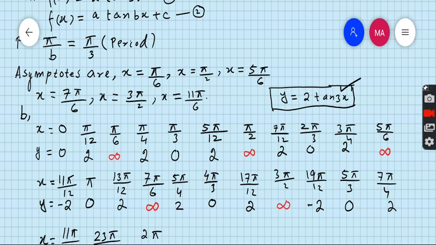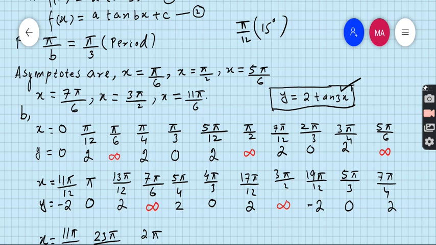Pi by 12 means 15 degrees, because degrees are more understandable for students than angles. So we are taking a 15 degree gap. Pi by 12, then add pi by 12, pi by 6, then add pi by 12, pi by 4.